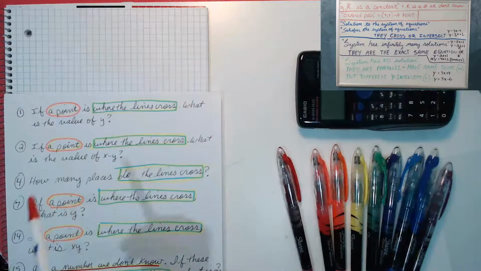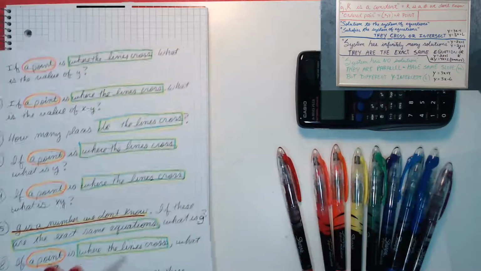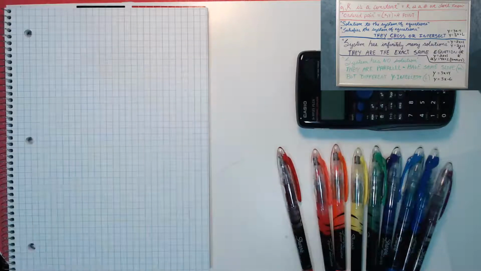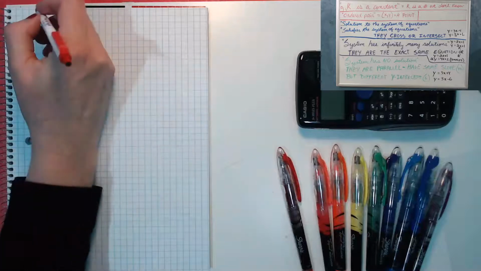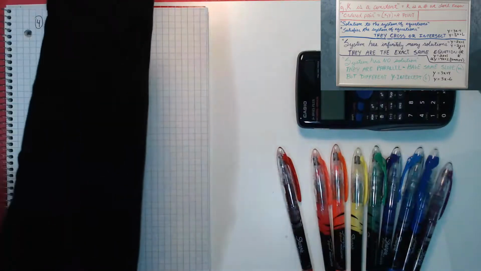So, now that we have our new questions, we already did 1 and 2, so let's start with number 4. How many places do the lines cross in number 4? So, first we're going to number 4. How many places do they cross?